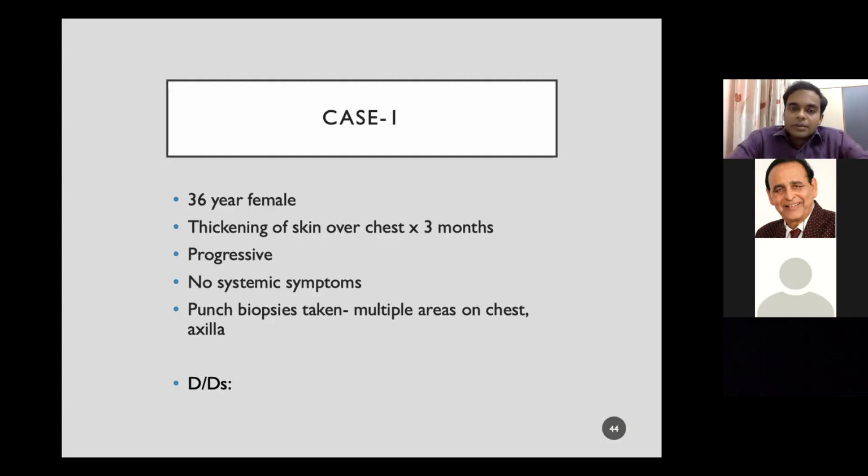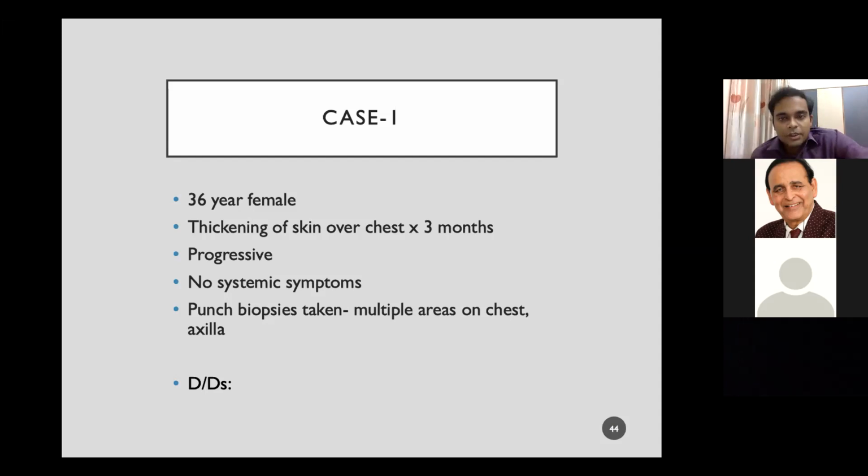So going to case number one, since I was told that this is a 1 hour lecture, the last 10-15 minutes we'll spend on our cases. So we got a 36-year-old female. She had thickening of skin over the chest for the past 3 months, which was progressive. She had no other systemic symptoms.